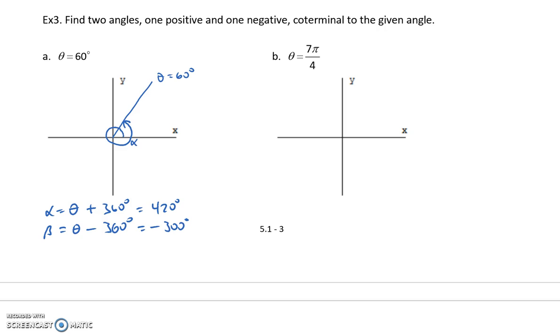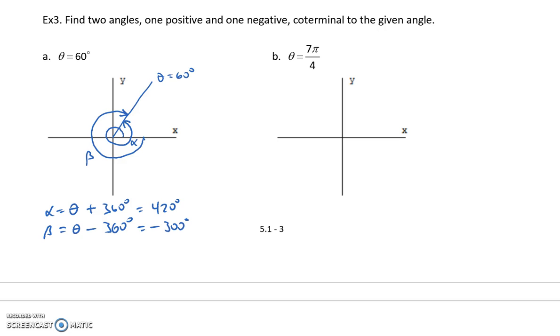Here's beta. Beta would be starting from the positive x-axis. But you see, it would be a clockwise rotation, ending again where the terminal side of theta was originally. So this would be our angle beta. It is a clockwise rotation in standard position, but the terminal side is identical to that of 60 degrees.